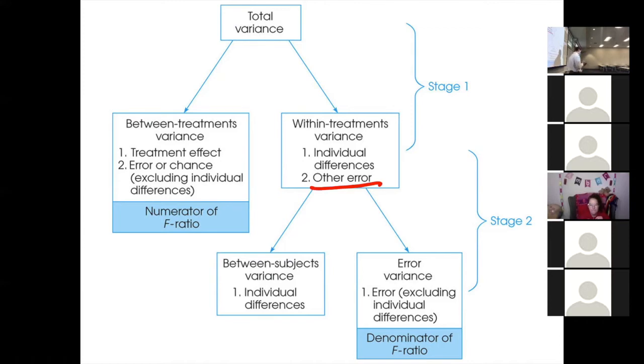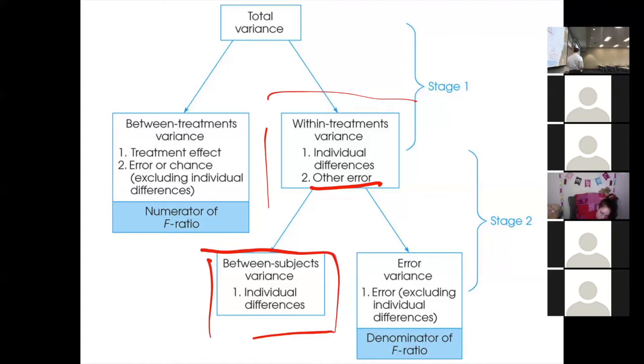Right? And so for what we did on Monday, stage one is all we needed, right? It was degrees of freedom between divided by degrees of freedom within. But now we have a brand new stage where we have to separate this within treatments variance into the between subjects variance, so those individual differences.